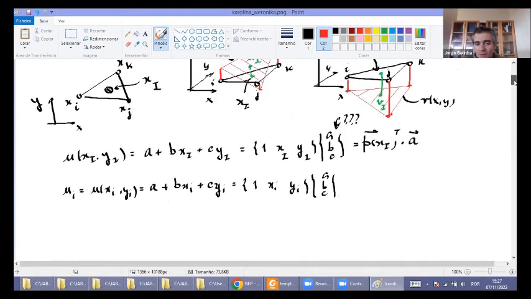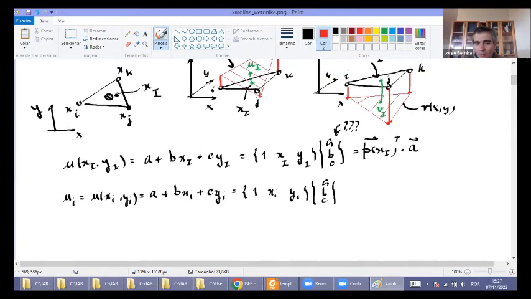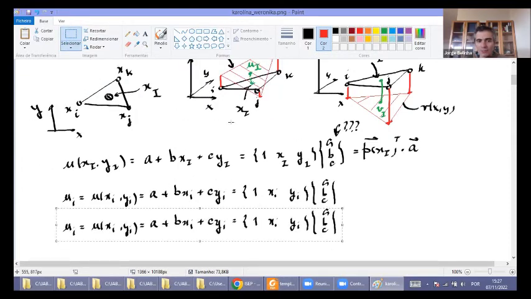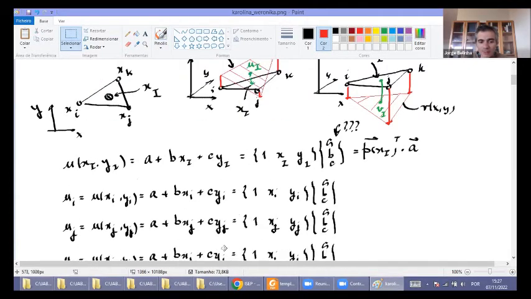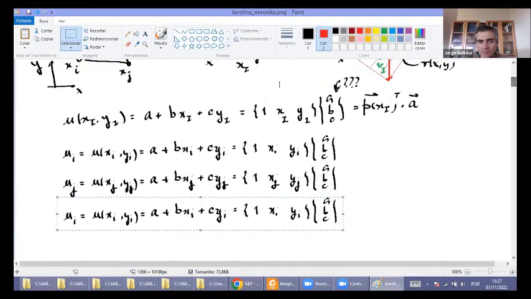So if I write this expression to each one of the nodes inside, I will have something like this. For J, just changing here for J. And if I repeat it for K, I will have this.